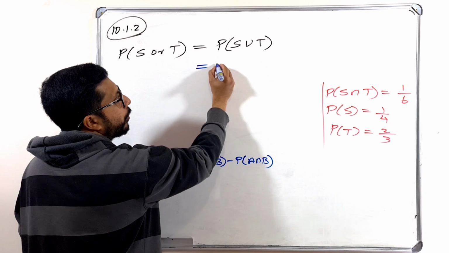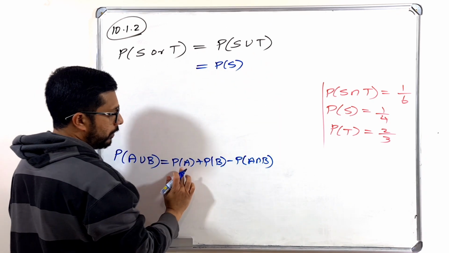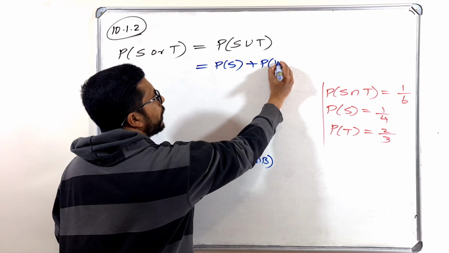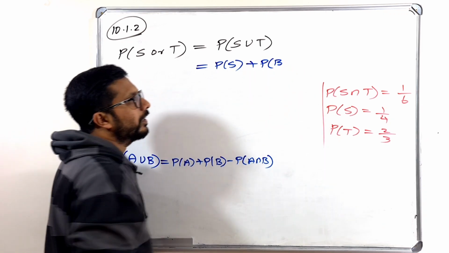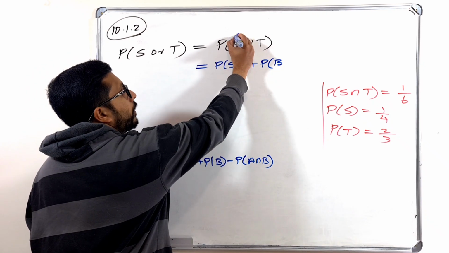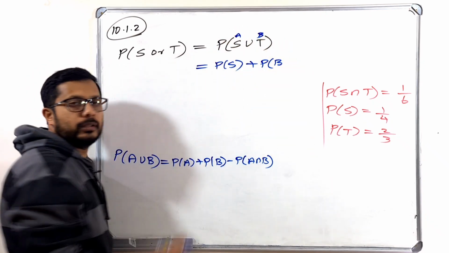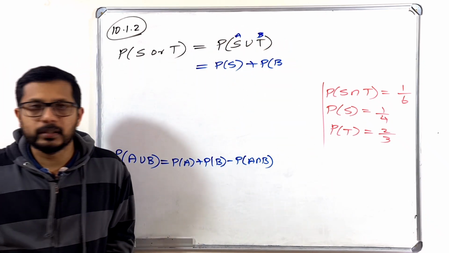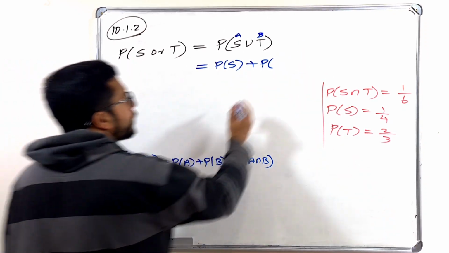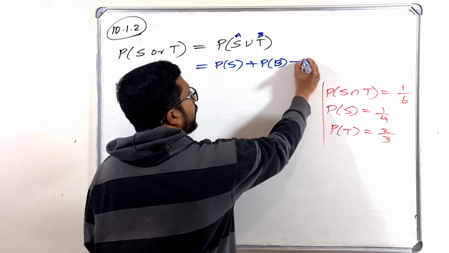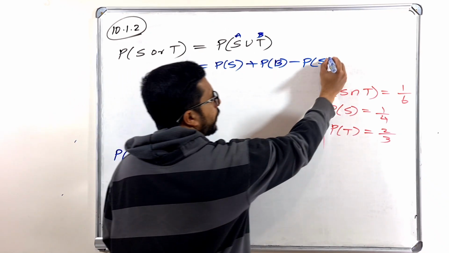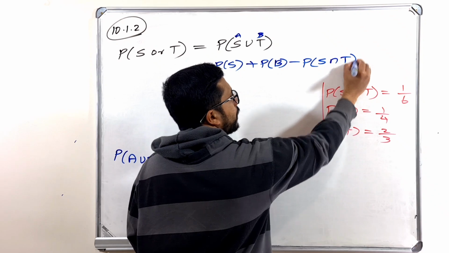This is the probability of S plus the probability of T. Our B is, I'm sorry, not B, it is T. So this is our A and this is our B. If you consider it like that, then it is easy. So it is the probability of S plus the probability of T minus the probability of S intersection T.